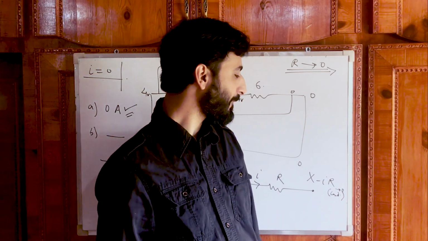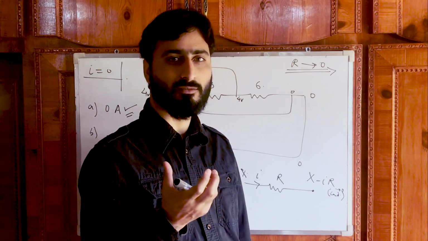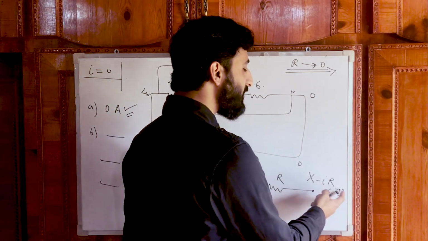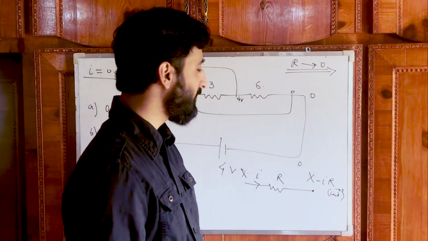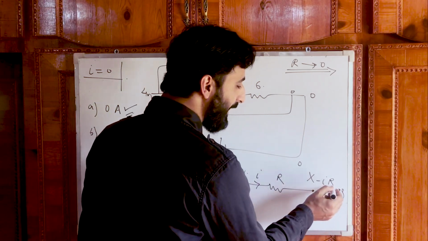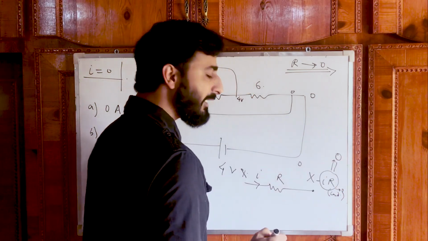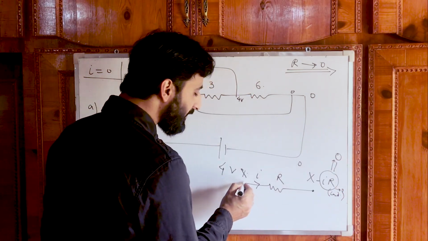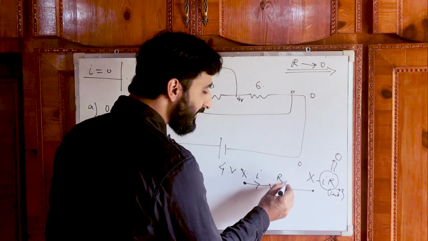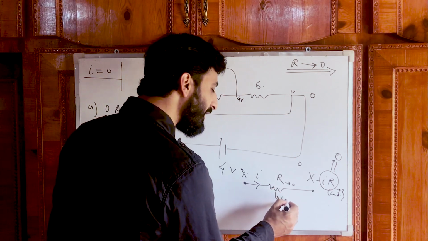But the resistance value is so low that we can say that it tends to 0. So when this resistance value tends to 0, it means the value of this IR will be almost equal to 0. It means if this point, the left one, now this resistance, when R tends to 0, will no longer be a resistance, it will almost be a conductor.